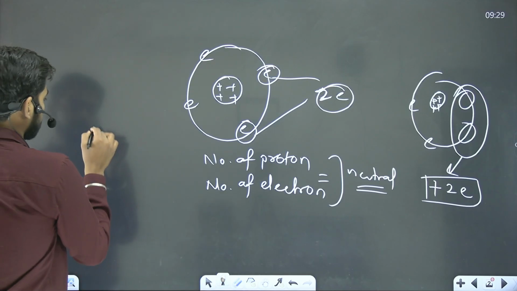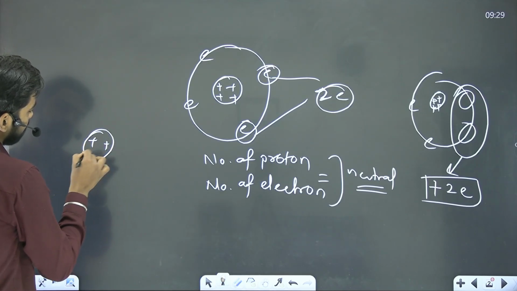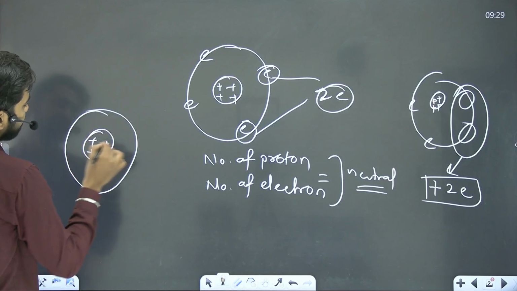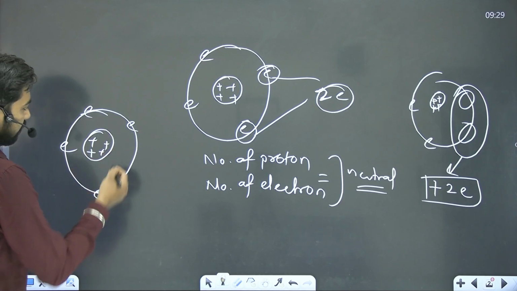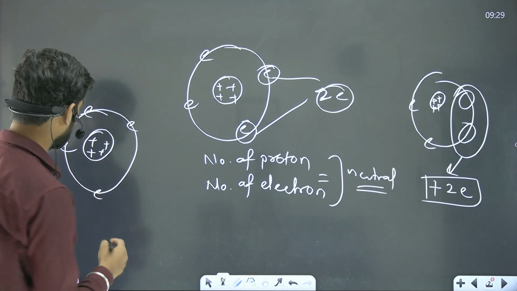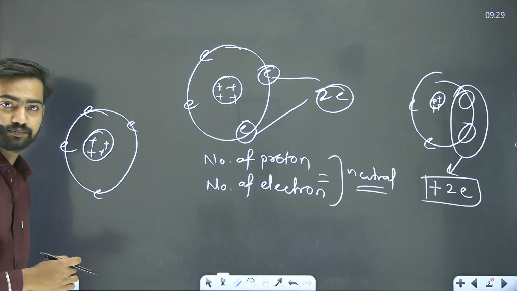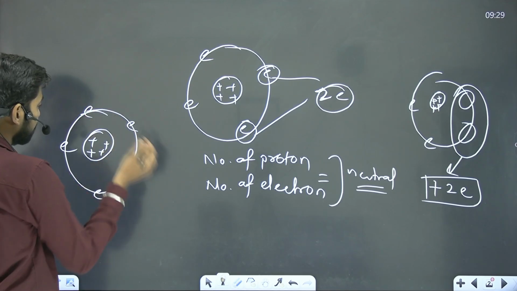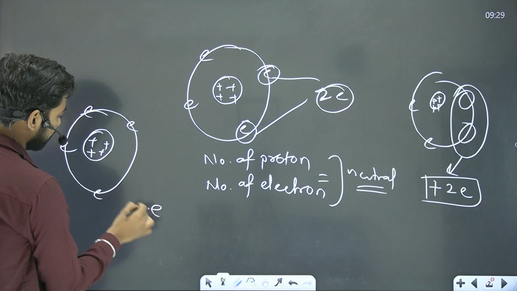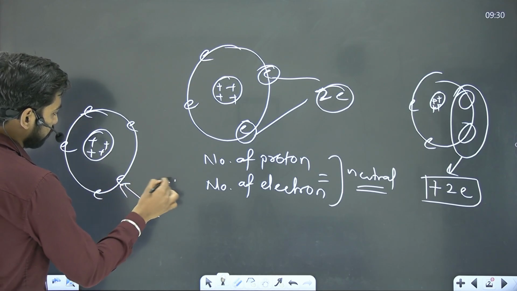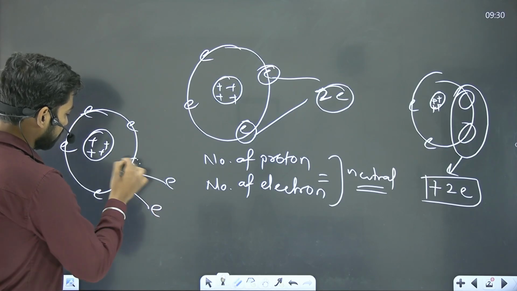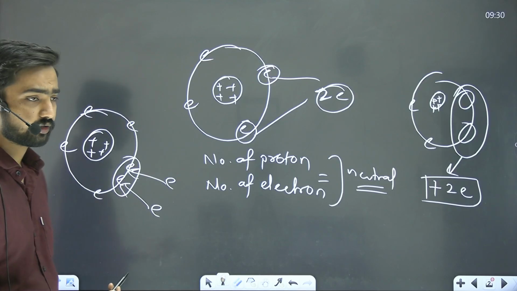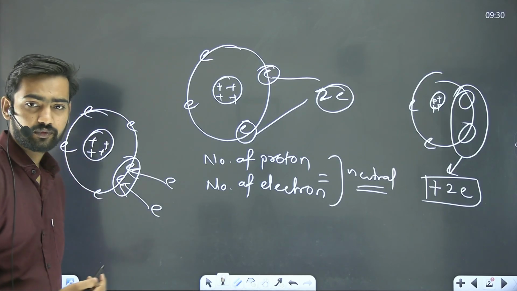Now, if I consider another case, let's suppose there were 4 electrons in the orbit, then it was a neutral atom. And if I have supplied some more electrons to this atom, then what will happen, beta?